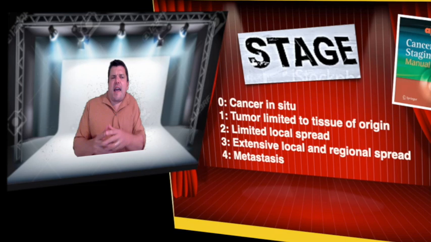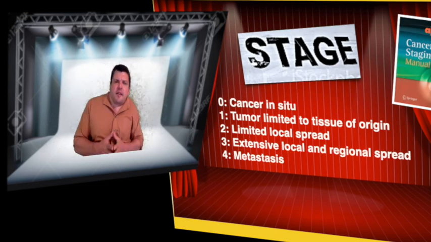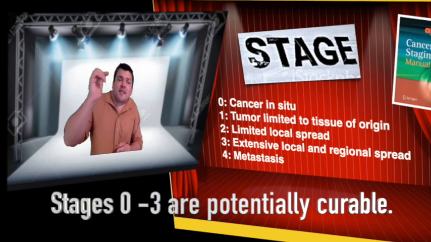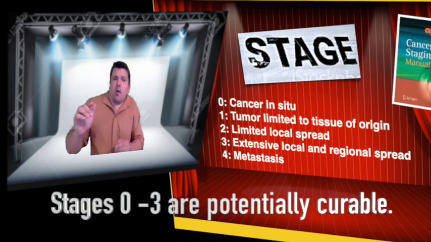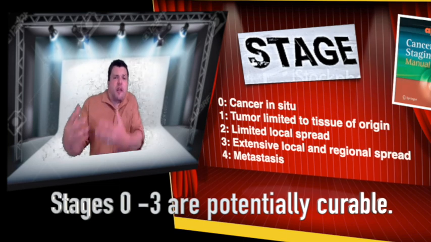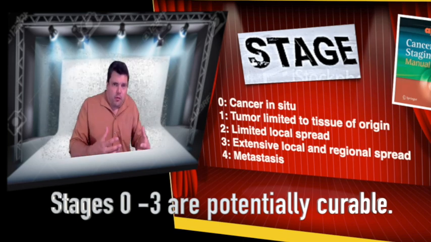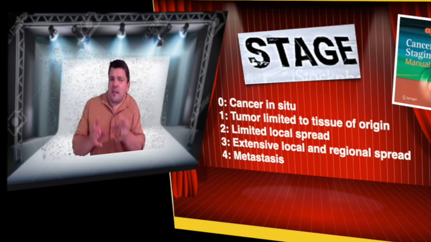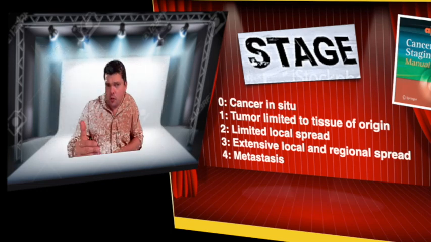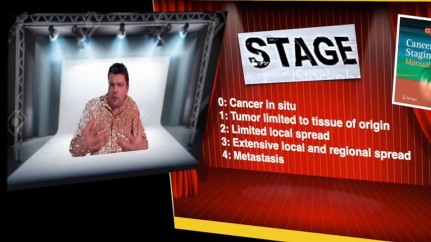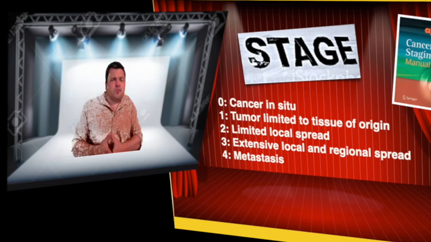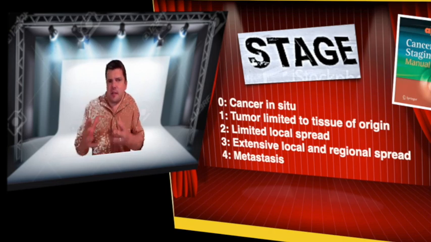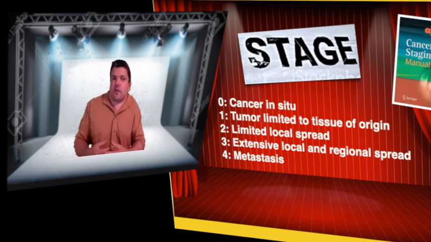The other thing I'll add to these definitions listed here is that stages 0 through 3 are considered potentially curable. Generally speaking, stage 4 is not. You seek cancer control, but an absolute cure is, generally speaking, not something that can be achieved.